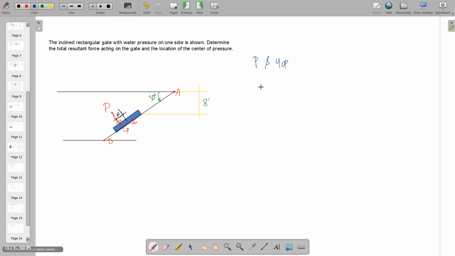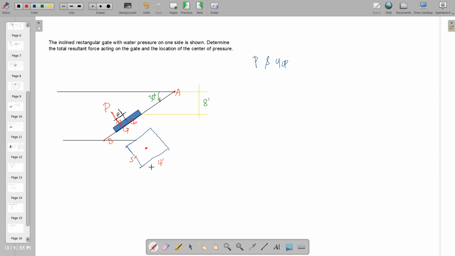So to do that, of course, we need to consider, actually this is given in the problem, that this rectangular gate is 5 by 4 feet in dimension.